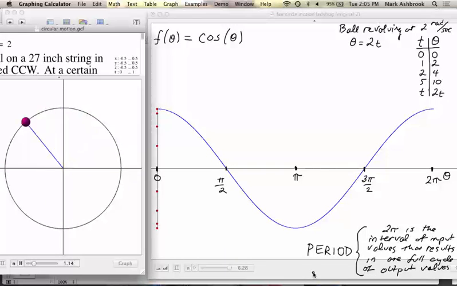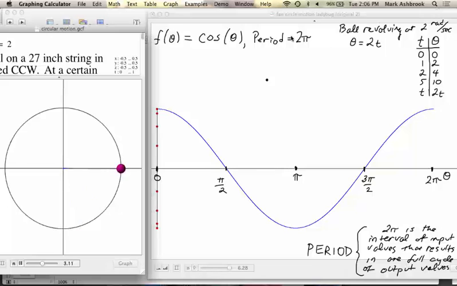It's the interval of input values that results in one full cycle of output values. And so the period of cosine theta is 2 pi. So for different functions using cosine and sine, we're going to have different periods, but we always determine the period from this fact, knowing that cosine has a period of 2 pi.